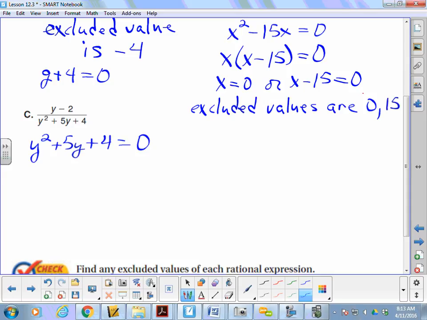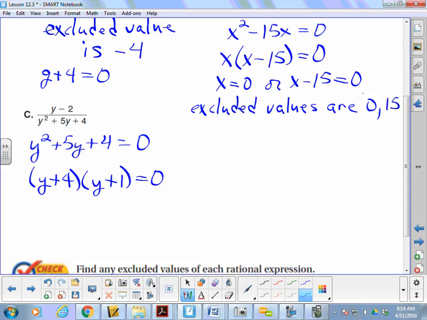They don't all have a y, so there isn't. So we have to factor this trinomial. We're looking for the factors of 4 that add up to 5. What are they? 4 and 1. y plus 4 and y plus 1.